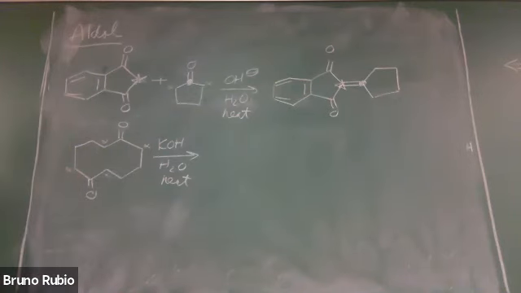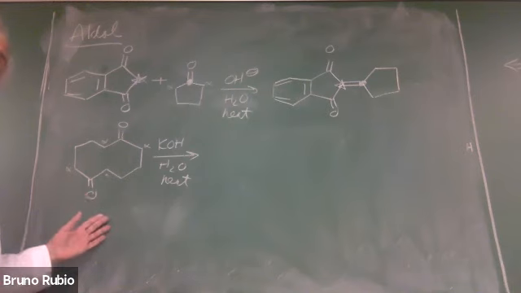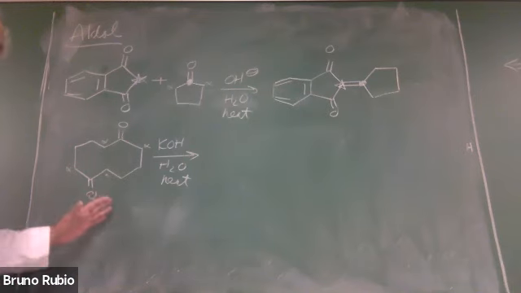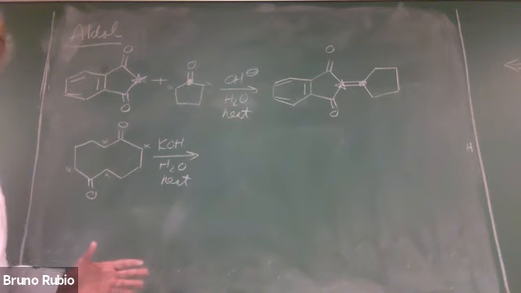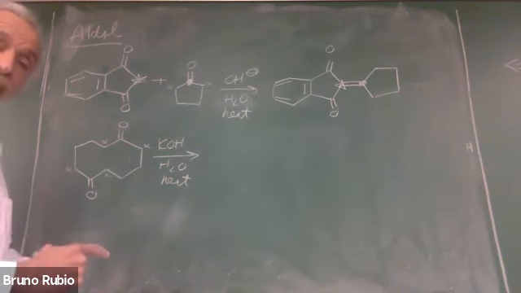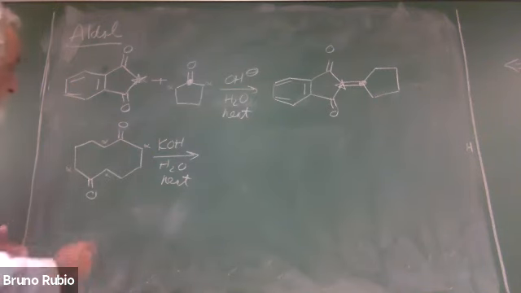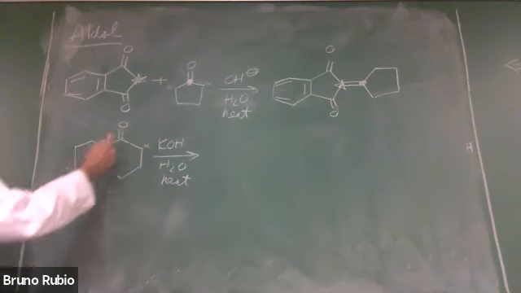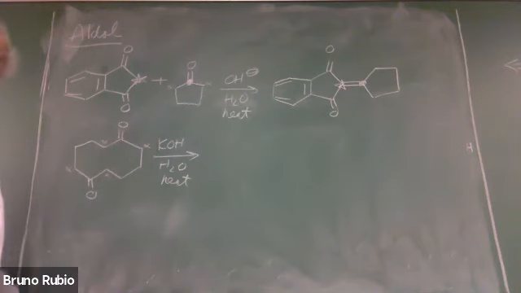It may be kind of difficult because of the way I've drawn this to appreciate the symmetry of this molecule, but maybe if you know about the C2 axis of symmetry, these two carbonyls are equivalent.